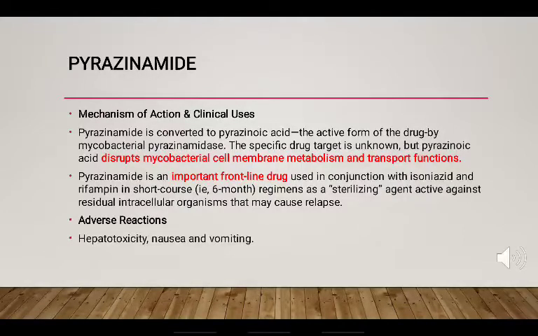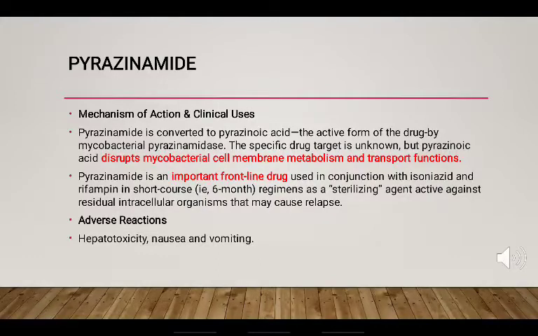It disrupts the mycobacterial cell membrane metabolism and transport function. So it affects the cell membrane activity. It's one of the important drugs used as a first-line medication for the treatment of tuberculosis.